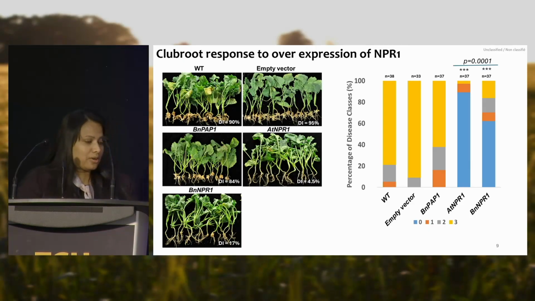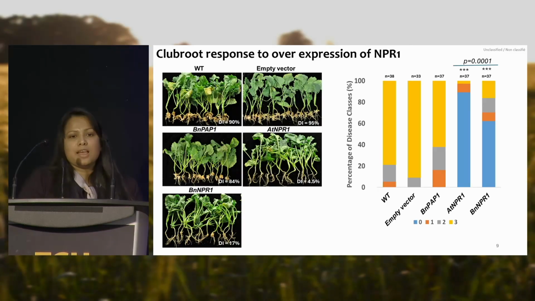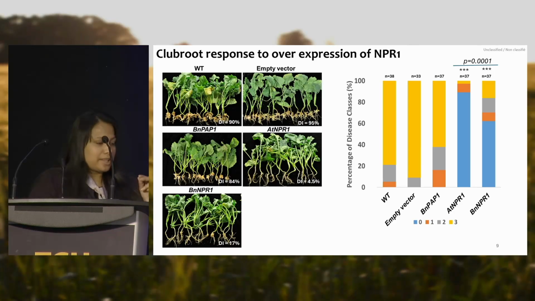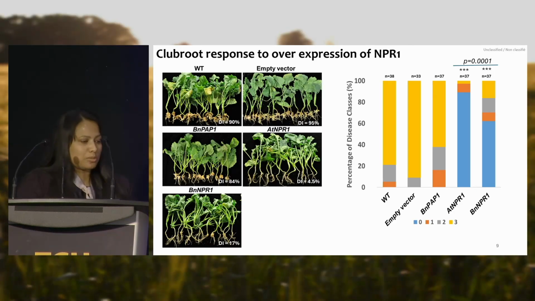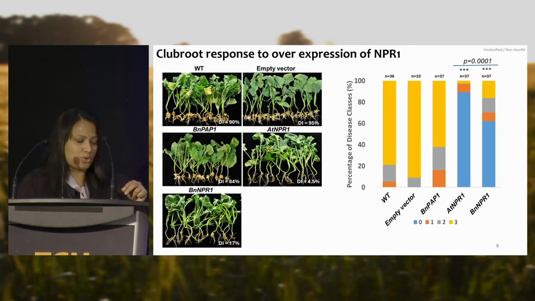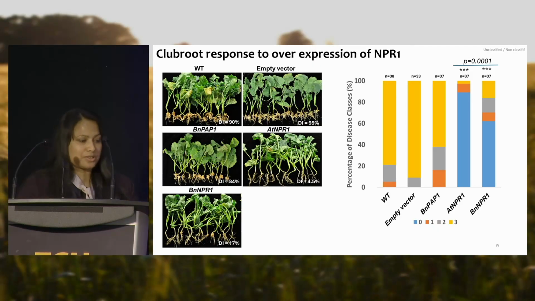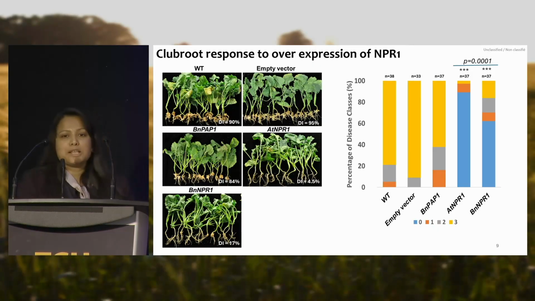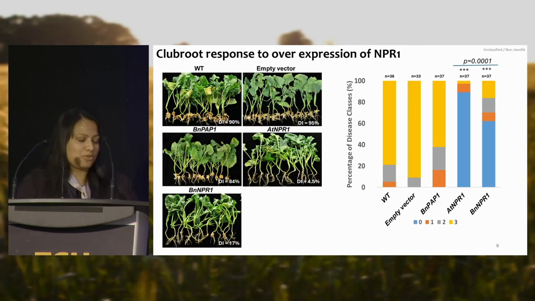On the other hand, plants expressing Arabidopsis NPR1 and Brassica NPR1 showed significantly reduced gall formation, and the DI value went down from 90% in wild type to less than 20%. So this result suggests that NPR1 is effective against clubroot.